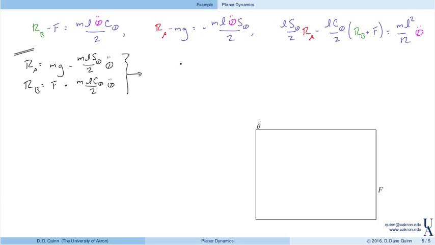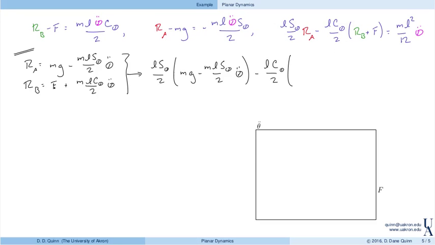And I'll take those, use them in this equation to find that L sine theta over 2 times RA, which is mg minus ml sine theta over 2 times theta double dot, our desired unknown. We have a second term here.